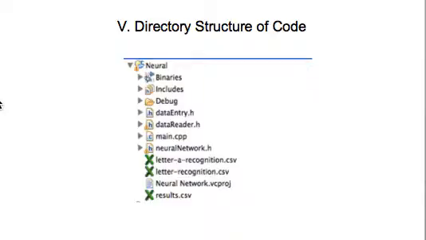There are four main files: main.cpp, dataentry.h, datareader.h, and neuralnetwork.h. The Excel files, letter A recognition and letter recognition.csv, are CSV files, actually, which have the data from the UCI machine learning repository, slightly modified to fit the input of our algorithm, and the results are stored in results.csv.